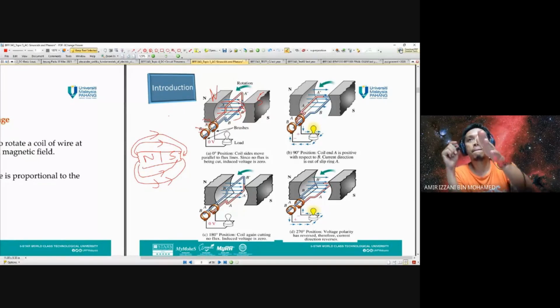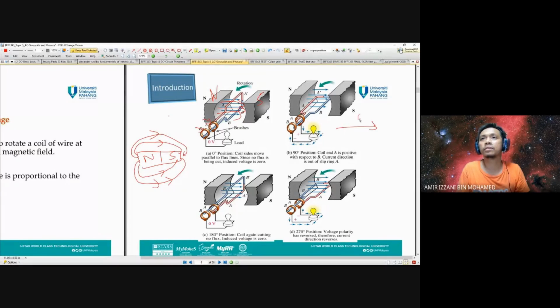So when it moves 90 degrees, it will cut the flux, so current will flow. Current will flow in one direction because now the flux is like this.